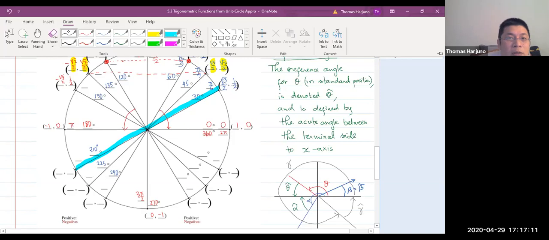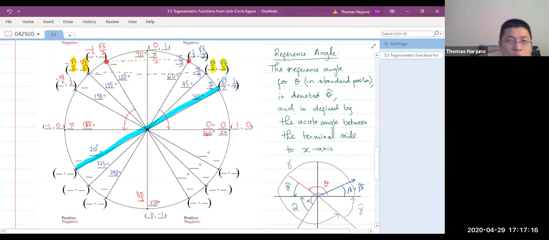Therefore, the coordinates here must have something to do with the coordinates there. The x is exactly the opposite. The y is also the opposite. The x is opposite in quadrant 3. The y is also opposite in quadrant 3.